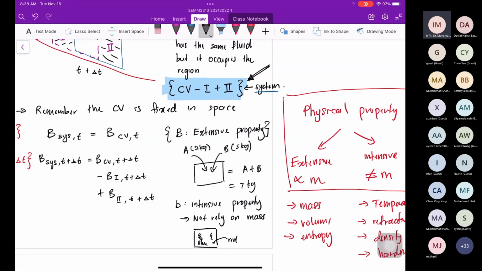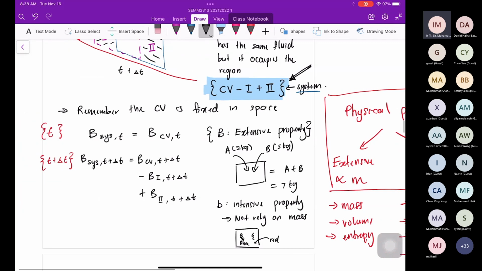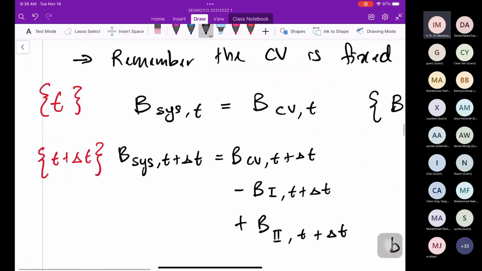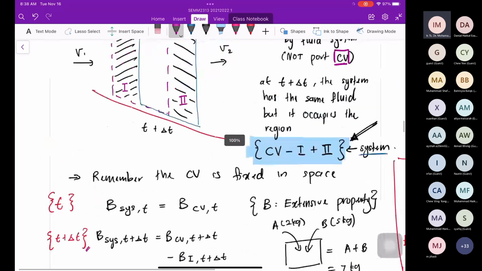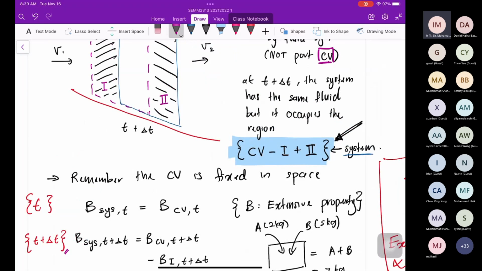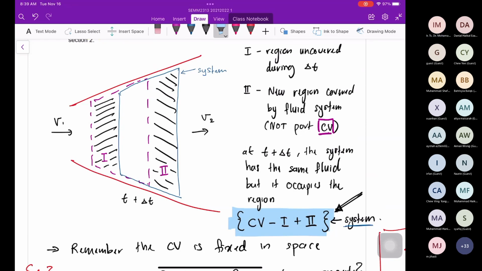When we want to mention the time t plus delta t, how do we get it? Of course, the new region: the fixed region CV, minus region 1, plus region 2, you will get the blue color.